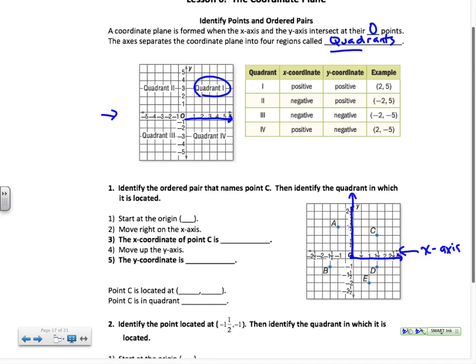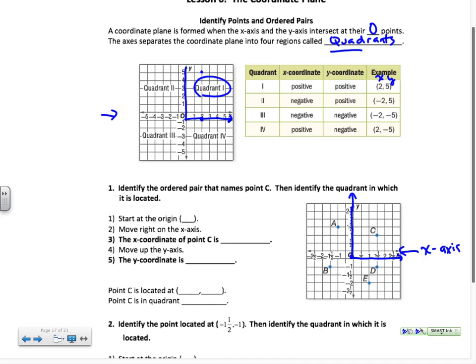On the y coordinates, up there, those are positive as well. So positive, positive. The 2 would be where the x is on the x coordinate, and then the 5 would go up 5 right there.